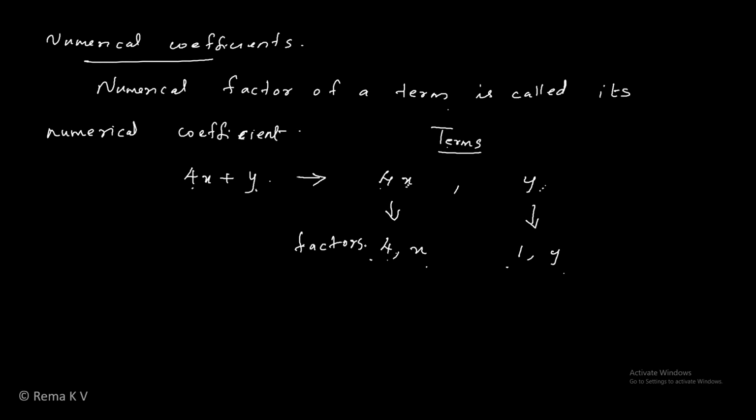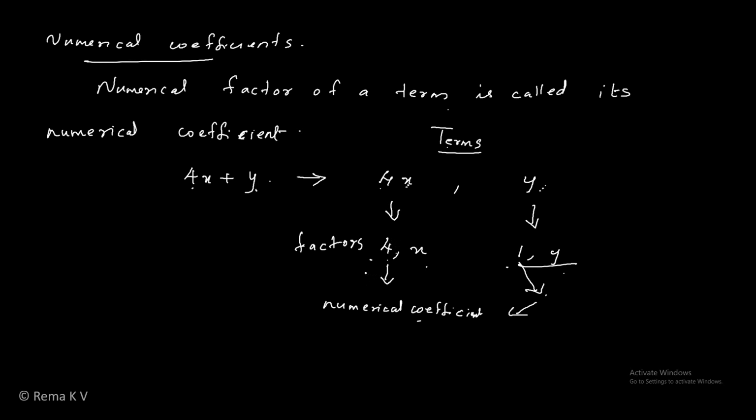Okay, so here the numerical factor, this is the numerical factor here. So this numerical factor is called the numerical coefficient. Numerical coefficient of the first term. In this term, this 1 is called the numerical coefficient.